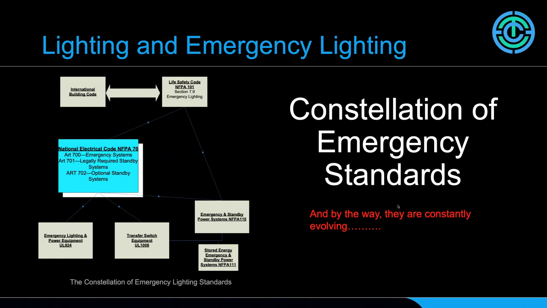There is quite a number of them out there, whether it be anything from our life safety codes, which are NFPA 101 ratings, to some of our UL listings, UL 924, which is emergency lighting and power equipment codes, UL 1008, which is our remote transfer switch equipment, and again, the NFPA emergency and standby power systems requirements, and they all interact under the National Electrical Code.